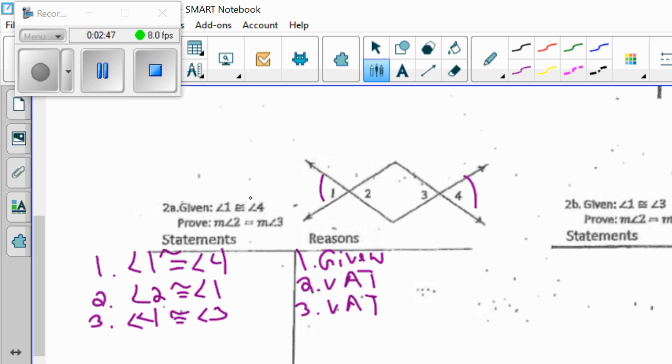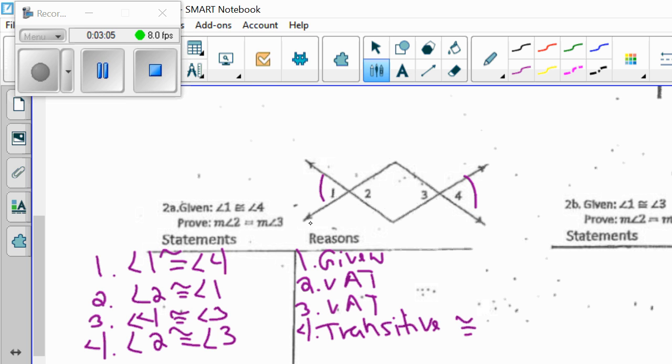So if I start with angle 2, go to angle 1 to angle 4 to angle 3, I can do the transitive property and say angle 2 is congruent to angle 3 by the transitive property of congruence again. All right, so now I need to get rid of congruence and get them equal. So my last step would be measure angle 2 equals measure angle 3, definition of congruence.